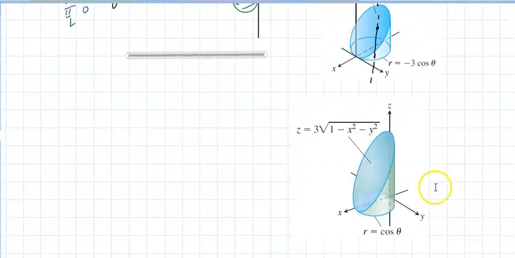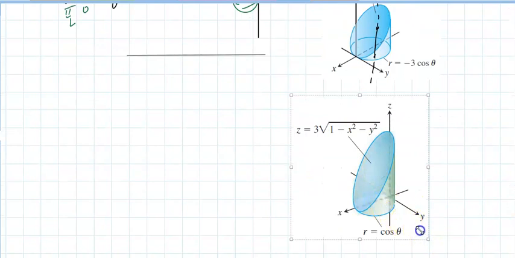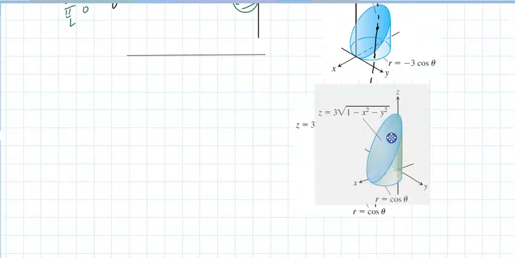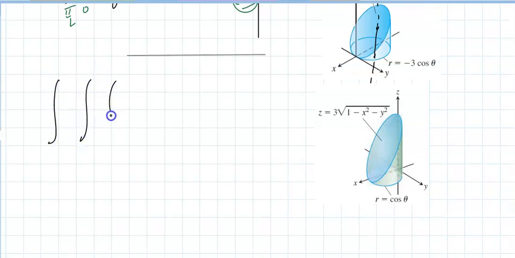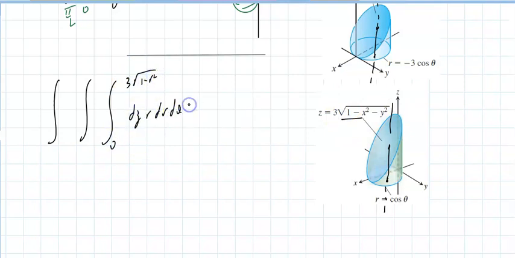And if I look at the last portion, again, the same deal. I'm looking at the triple integral. Z is going to run from 0 and exit out of 3 times the square root of 1 minus r squared, dz r dr d theta.